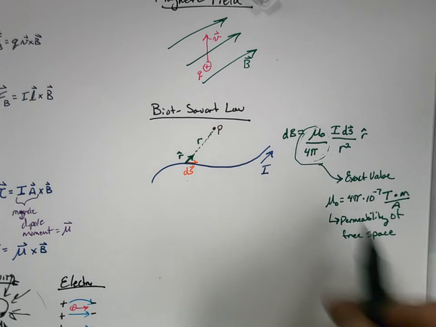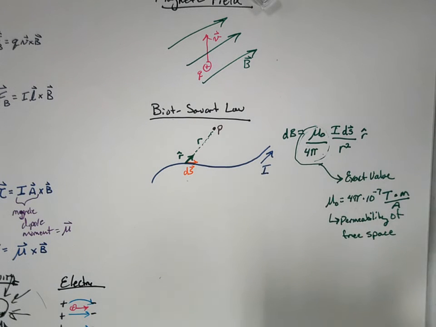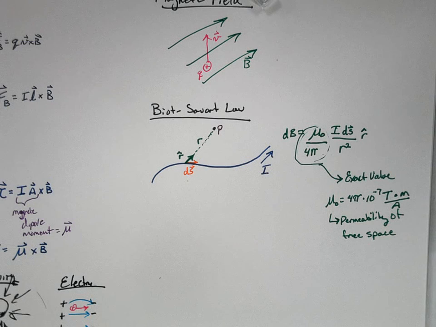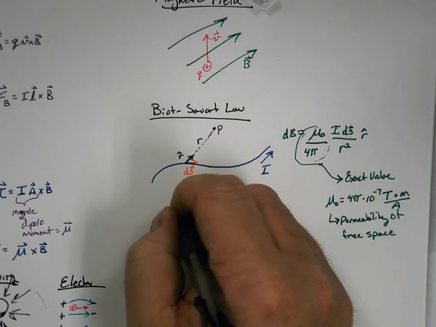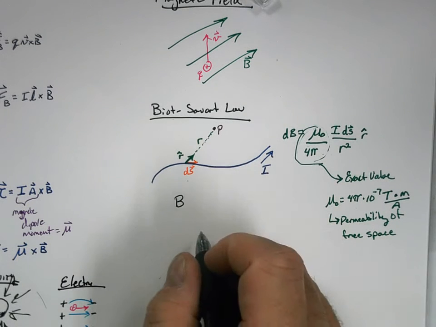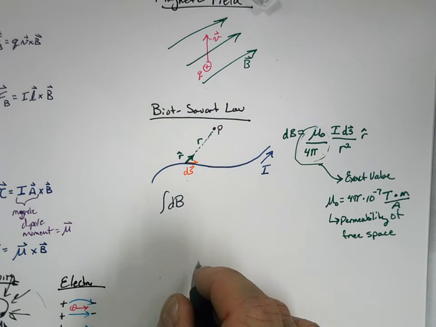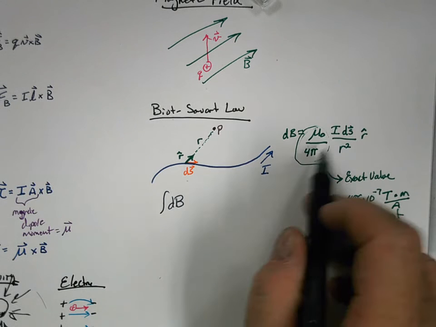All right, but of course, these are differentials. These are not really what our B is. We want to find what B is. And so B, we're going to have to integrate dB, and we'll have to integrate this.